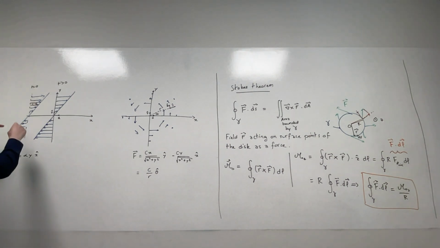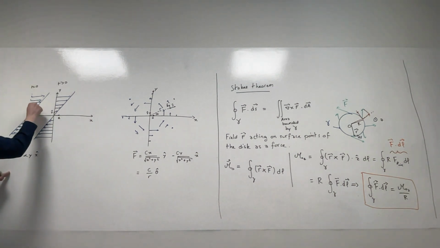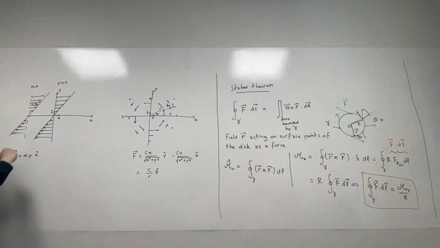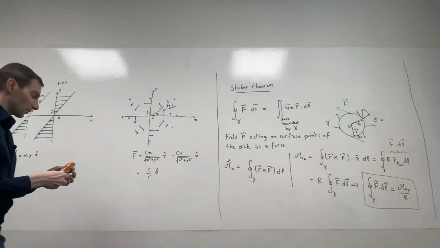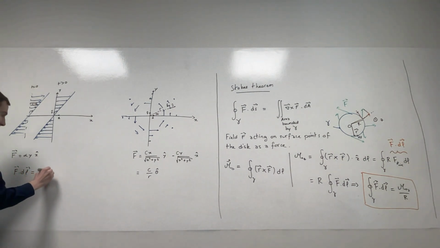And because we are here in the x and y directions, the length dx traveled at the bottom and top when you do the circulation, f dot dl, you're simply going to get f dx.